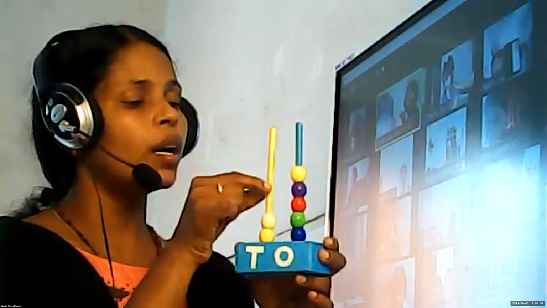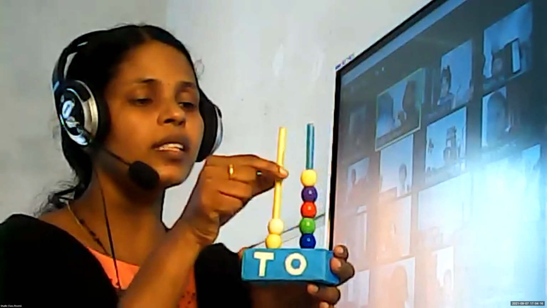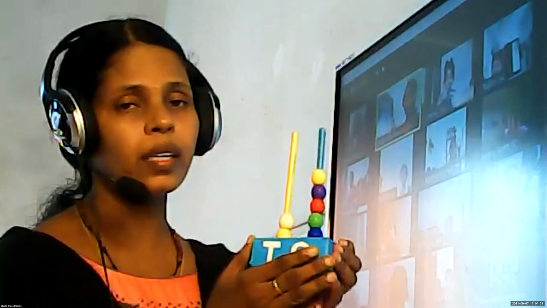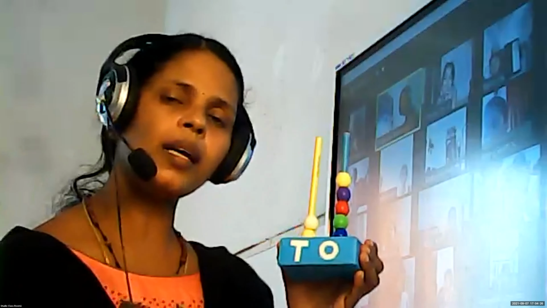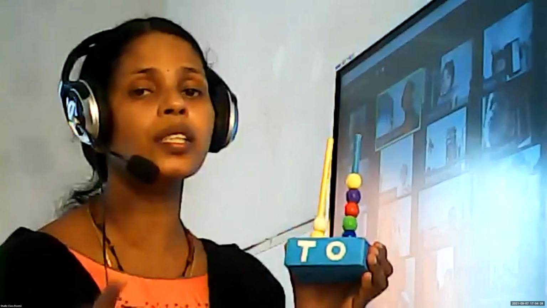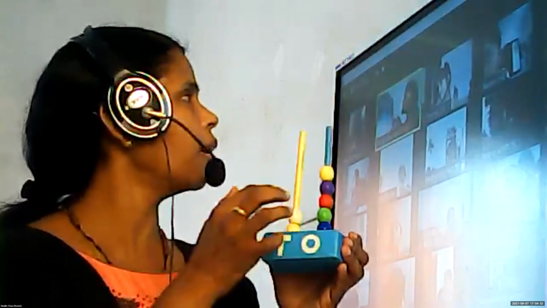And these rods we call spikes. We can use this abacus for showing 2-digit numbers. We can show 3-digit numbers also, but here we are discussing 2-digit numbers.